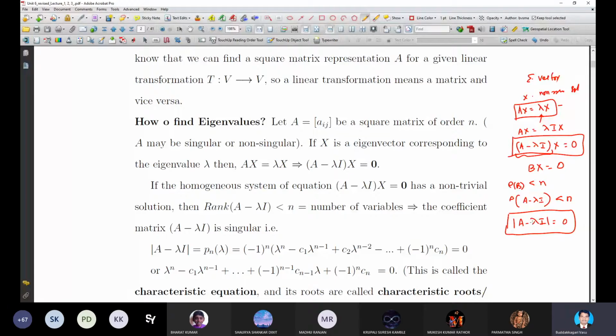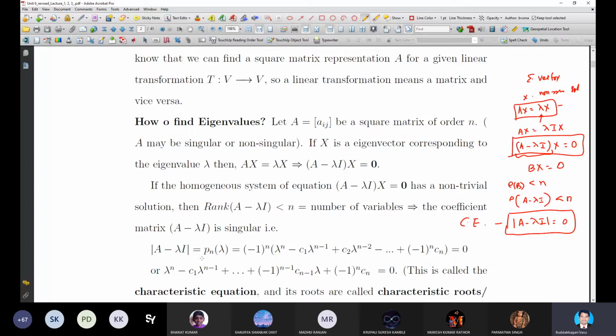Finding this determinant of A minus lambda I equal to 0 gives you a polynomial in lambda of degree n, with coefficients c1, c2 and so on.